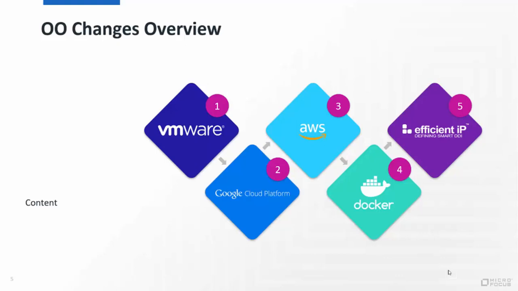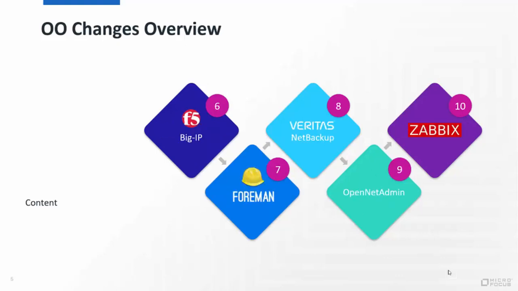I'm also talking about new content like EfficientIP, F5 BIG-IP, Foreman, NetBackup, OpenNetAdmin, and Zabbix. All of these have been present in the marketplace for a few months already and are available to be consumed from OO, but not only OO, even from CSA, because they are present in capsules. We'll talk more about the out-of-the-box content as well.